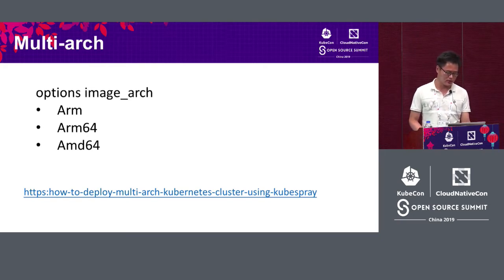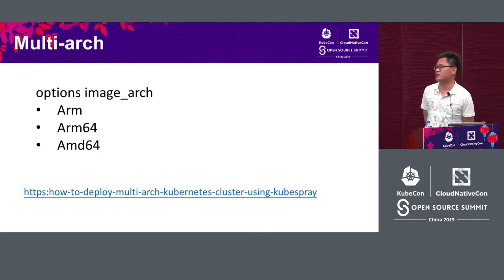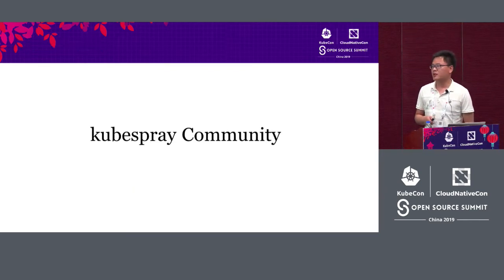You can choose ARM64 or AMD64 for deployment. If a plugin doesn't support ARM64 or AMD64, well, Flannel should support ARM and ARM64. So you can try it yourself using this link.